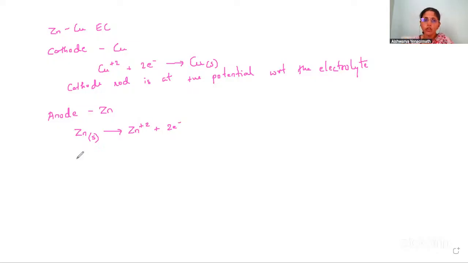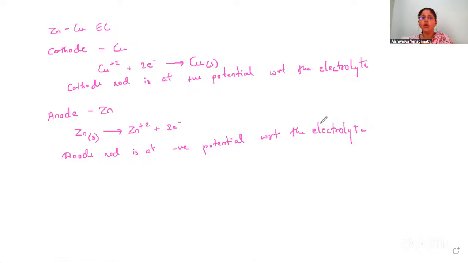So there are electrons on the anode rod, which are negative charge. So I can say the anode rod is at negative potential with respect to the electrolyte.